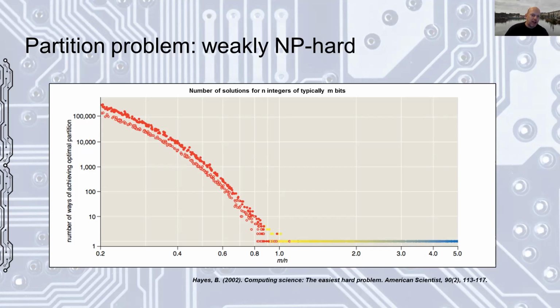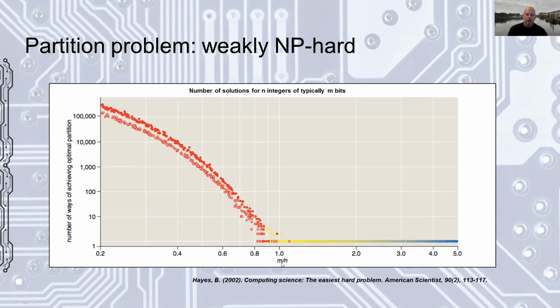And I have this diagram, I took it from Brian Hayes, from a paper he published in 2002. And he probably got it somewhere else. What it shows is the average number of solutions given a subset sum problem, a partition problem of size n with n integers, with typically m bits of information per integer.